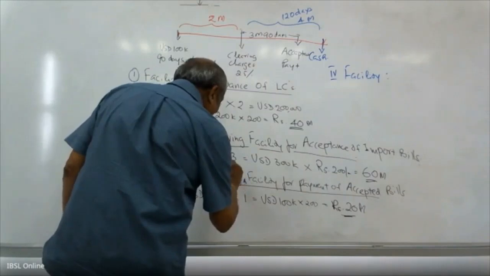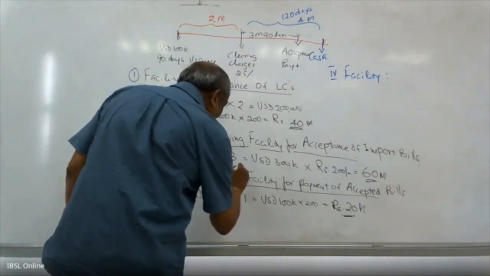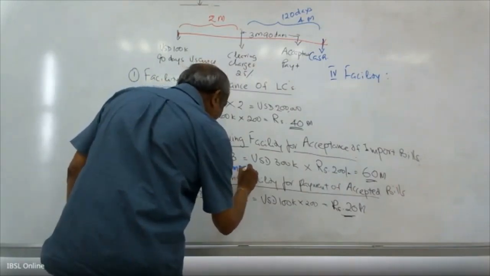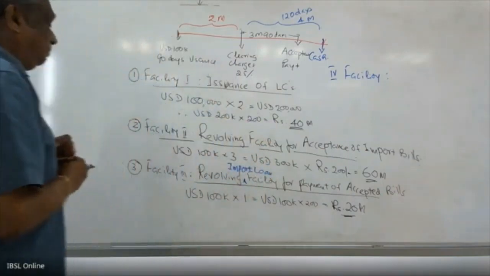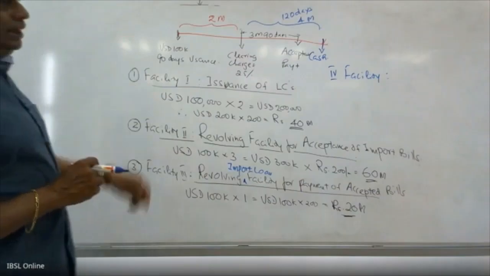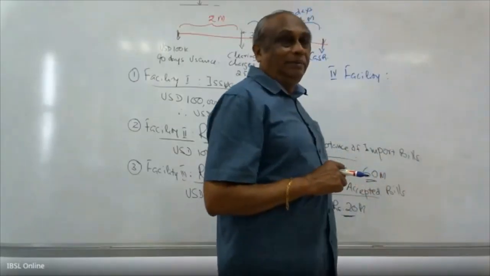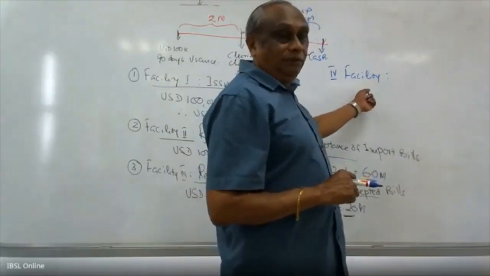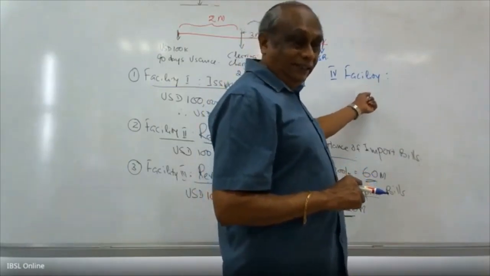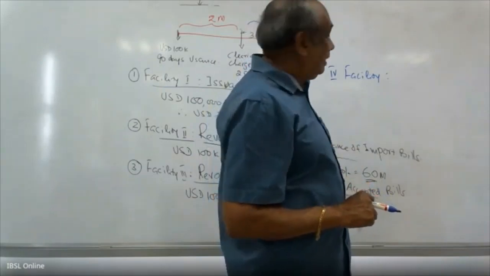Import loan facility for payment of acceptance. Make it over there, OD facility. We have to give an OD. Don't give import loan facility. Then it's wrong. Right?